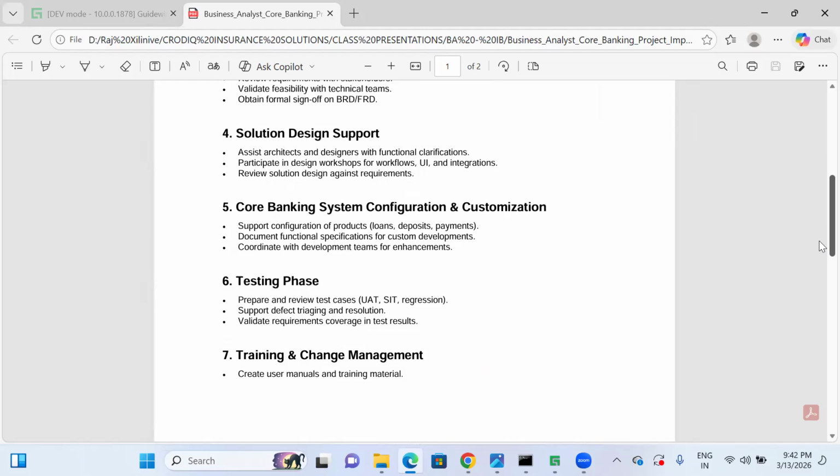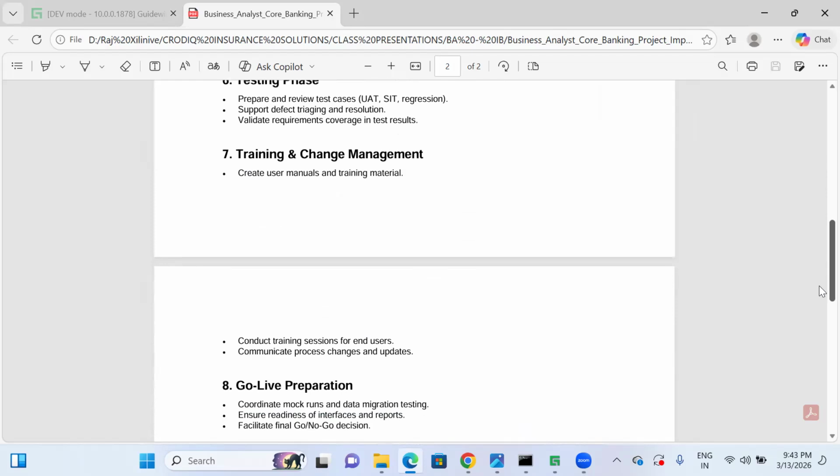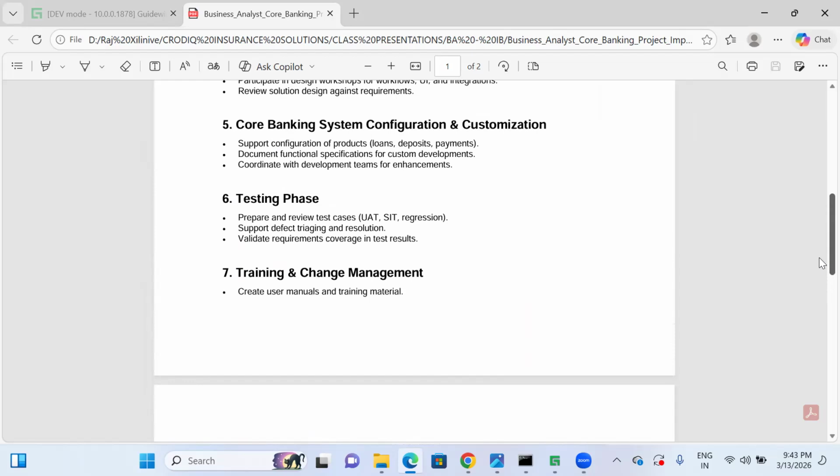Then training and change management are part of the BA role, but training is optional. If there is any requirement, training can be given. Finally, the project will go live. If there is any data migration, we will do it, but data migration will not be done immediately. Generally, data migrations will be done by us on batch-based processing.